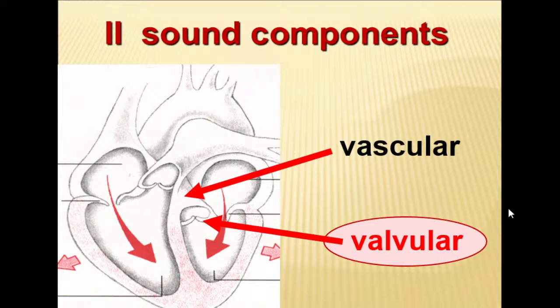Second sound is formed from two components, vascular and valvular. Main from them is valvular. Other word, intensity of the second sound will be dependent from activity closing of semilunar valve over aorta or over pulmonary trunk.